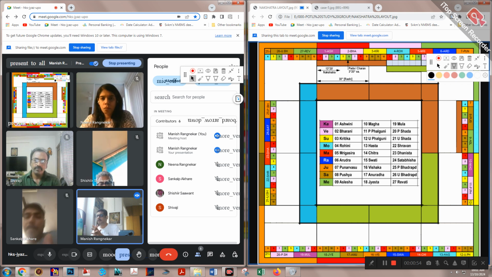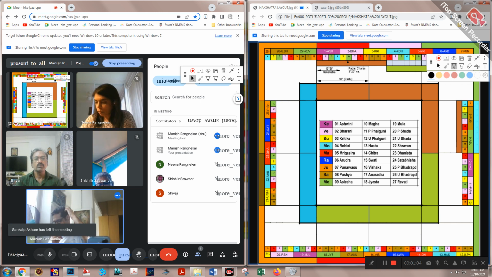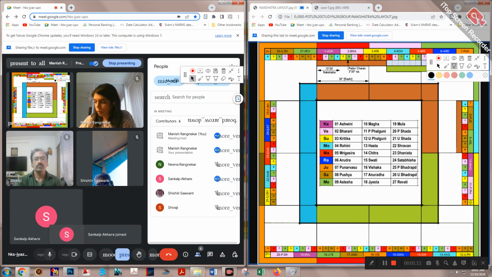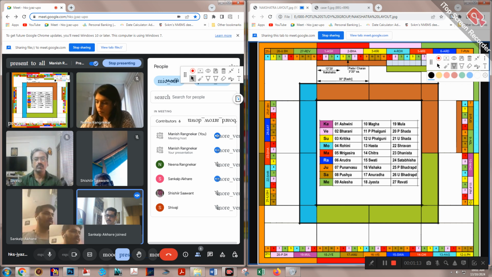And each of the 9 planets is placed in one of the nakshatras. Let us say, for example, Sun is seated in Kritika nakshatra. It will be there for good, in the sense that it is not going to change. I am talking about the native planet, not the transit planet.